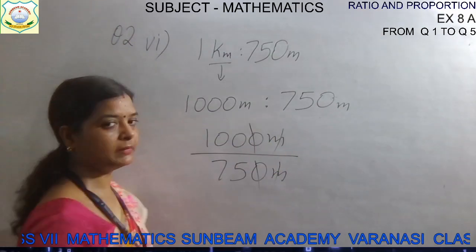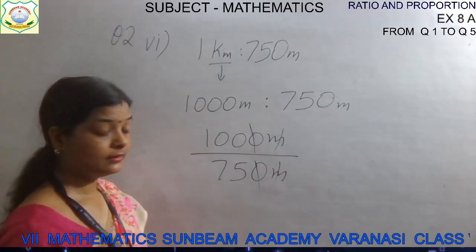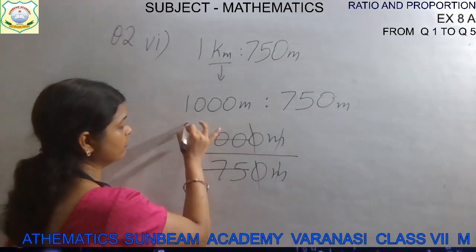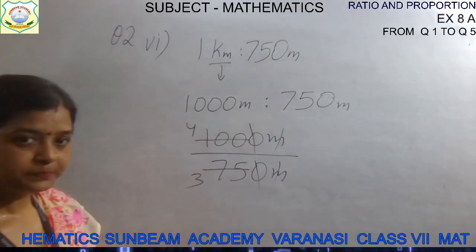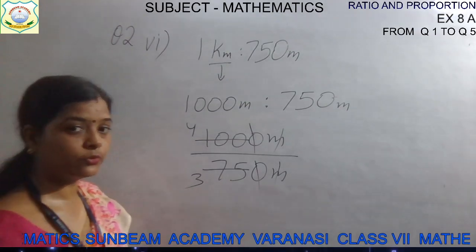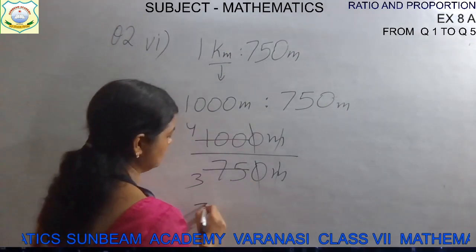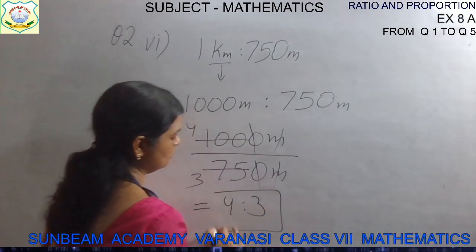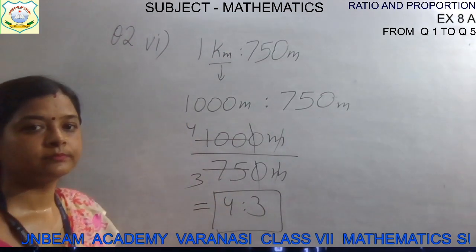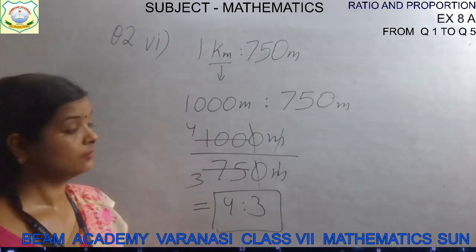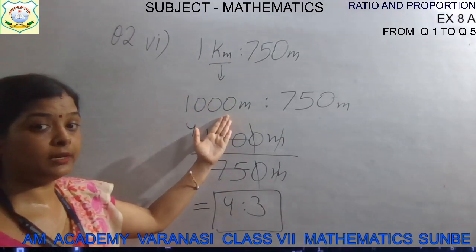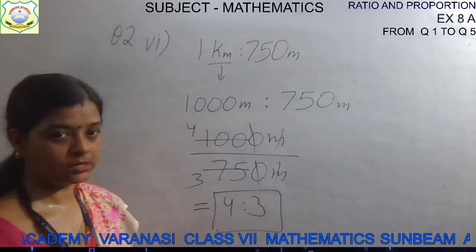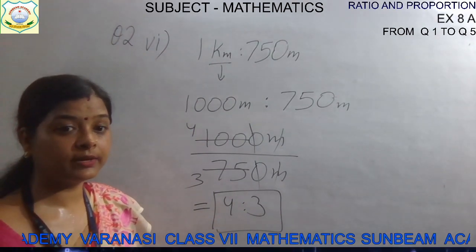This also it can be cancelled, 1 0, and 25 3 times is 75 and 25 4 times is 100. So the answer is 4 is to 3. The answer is how much children? 4 is to 3. This is your answer. I think it is clear. Kilometer is converted into meter and then simplify. Clear? Okay.